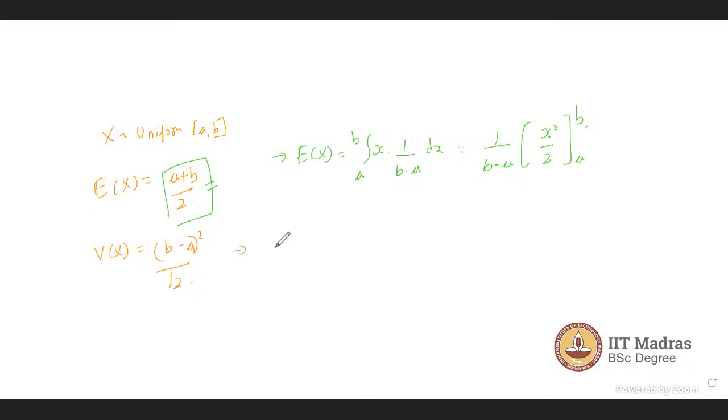For variance, you need to use this formula: expected value of x square minus the square of the expectation. So once you find the expectation of x, you also have to find the expectation of x square, which is nothing but the integration of x square times the PDF. Right?